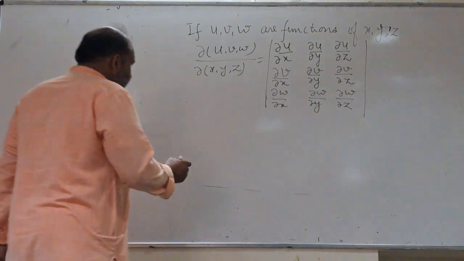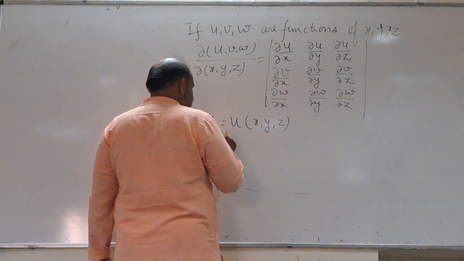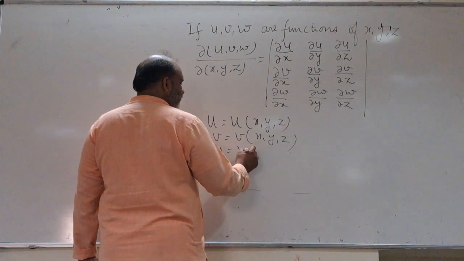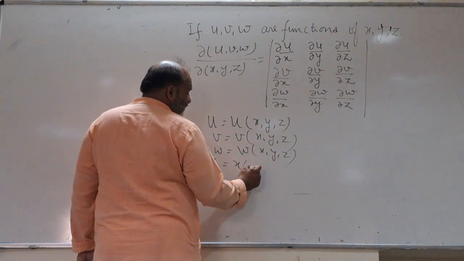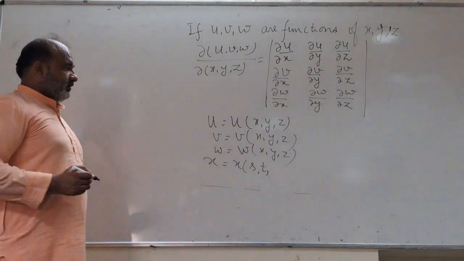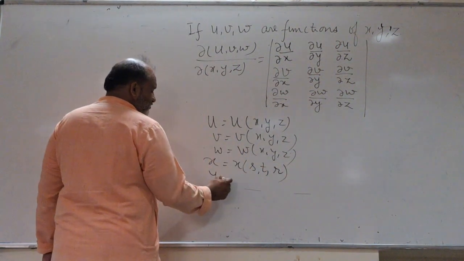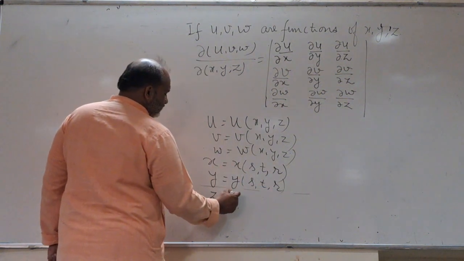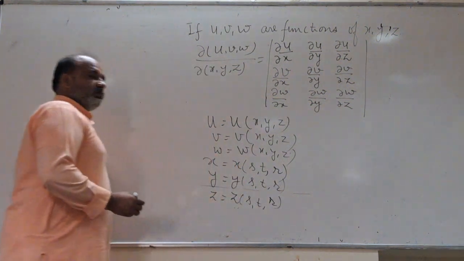How? If u is a function of x, y, z, v is a function of x, y, z, w is a function of x, y, z, and now x is a function of s, t, r, y is a function of s, t, r, z is a function of s, t, r. Is it okay?